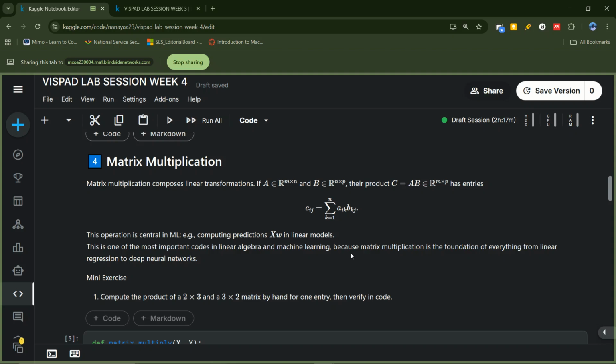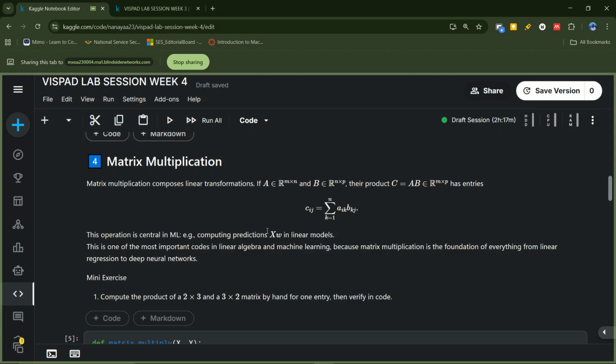Great. So matrix multiplication composes linear transformations. That is, if A is an m times n matrix and B is an n times p matrix, their product C is equal to AB.